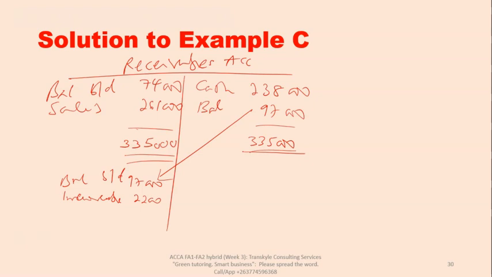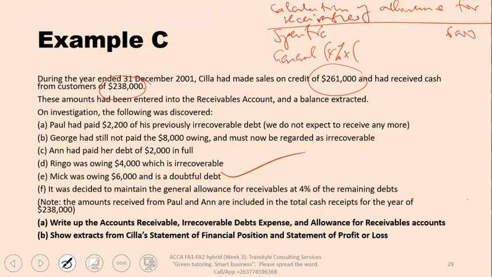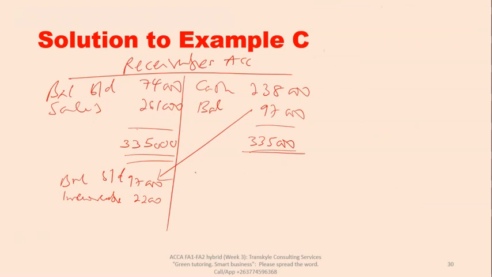And then George had still not paid 8,000, and this one is now being considered irrecoverable. So as we did before, this one irrecoverable is reducing our receivable, so we put it on the credit side, and that's 8,000.